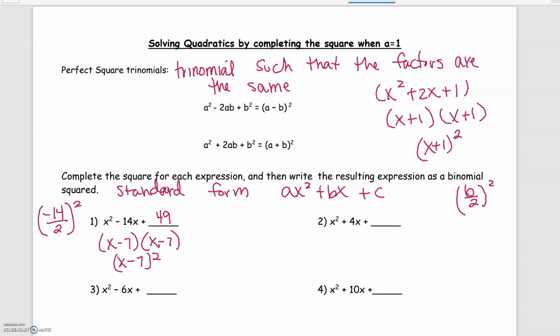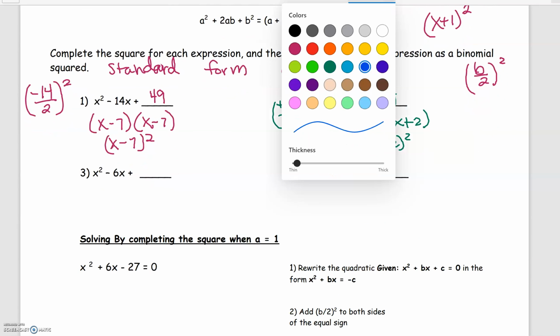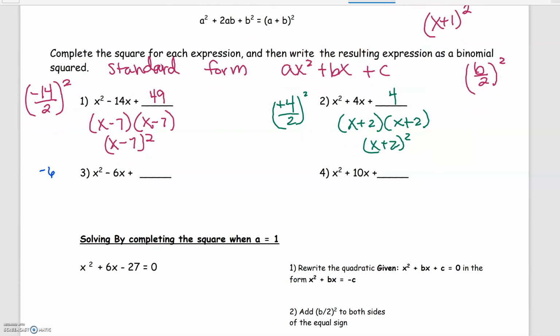So on this next one, we're going to take our 4 and divide by 2 and square it. 4 divided by 2 is 2. 2 squared is 4. So it would be an x plus 2, and it would be an x plus 2, which is x plus 2 squared. And if you want to try these next two, remember, take your b, divide it by 2 and square it.